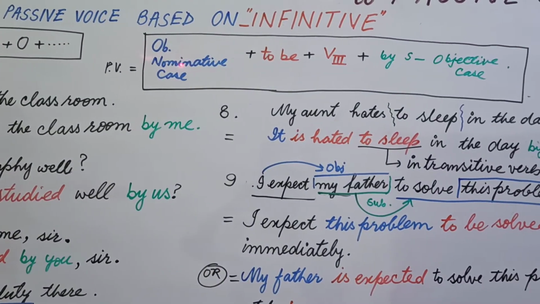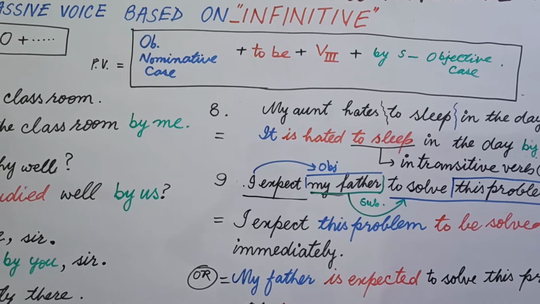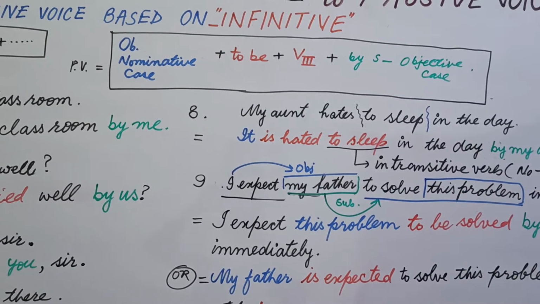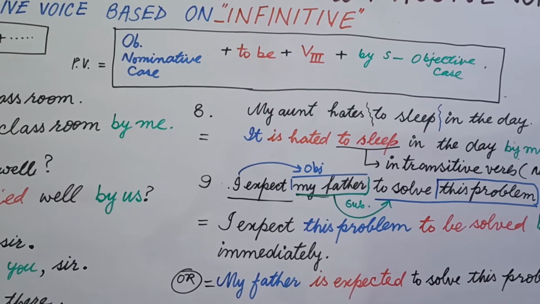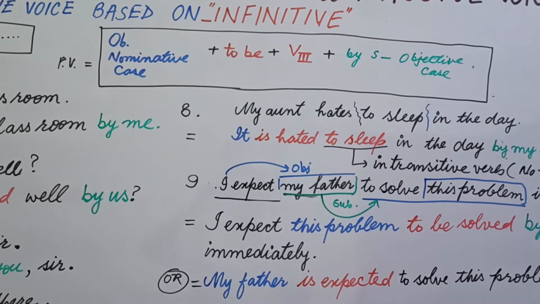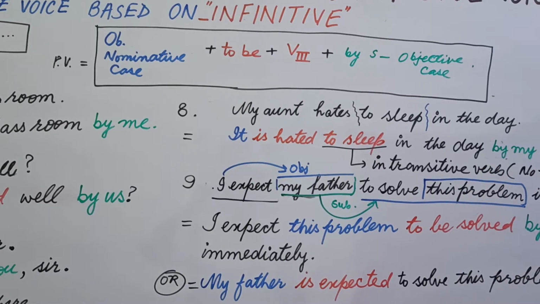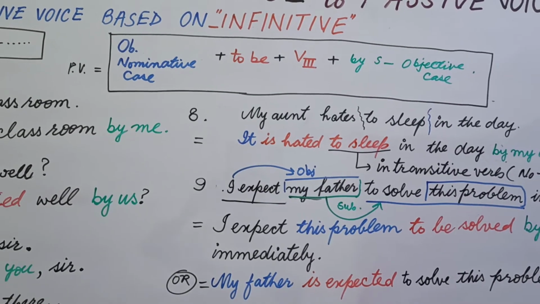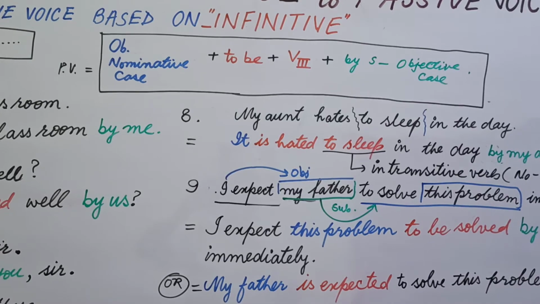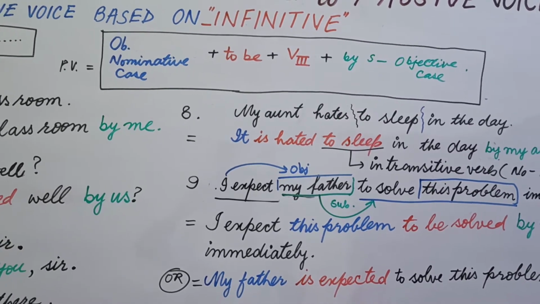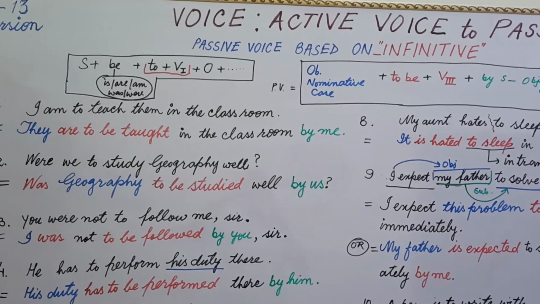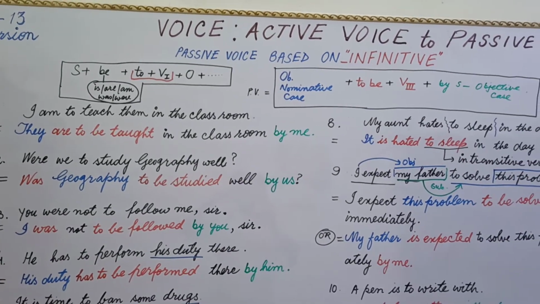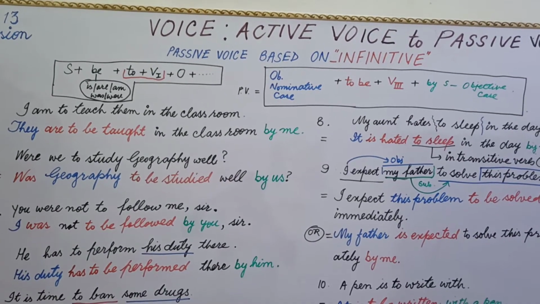The object is placed in the place of the subject in nominative case, and 'to plus first form' in active voice becomes 'to be plus third form' in passive voice. Then you use your subject at the end of the sentence with 'by', in objective case. Now let's see how we use infinitive in passive voice form.